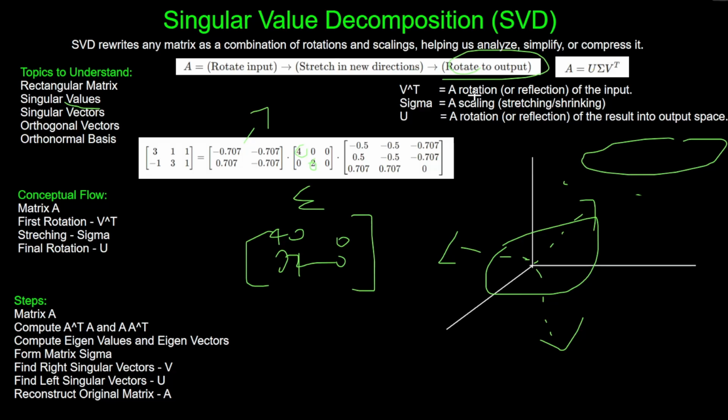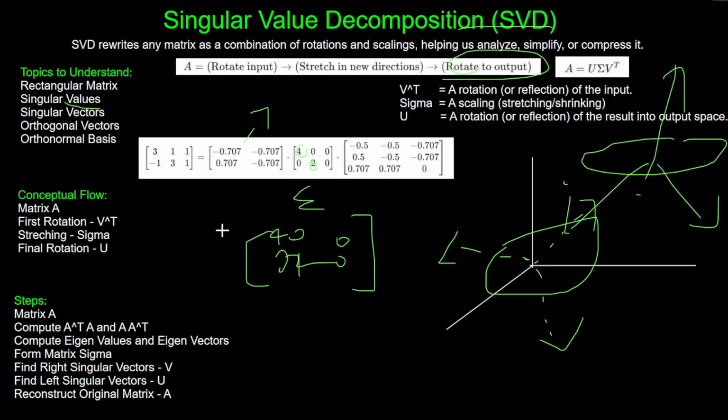Notice that we are not taking the transpose here. It just shifts the standard basis to align with this new transformed shape. So that's it. That's the conceptual flow. So SVD generally means that we can represent any transformation matrix in this form.